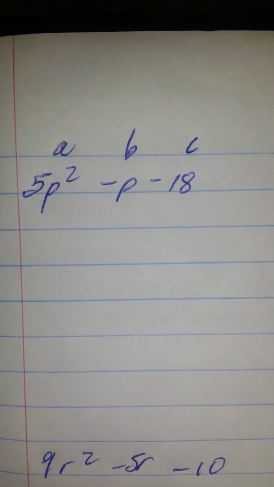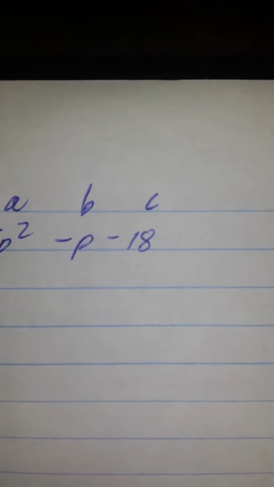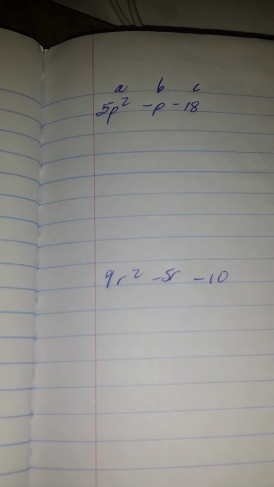Next thing we do, we calculate the A multiplied by C. We calculate the product of A and C. Product means multiplication, the end result of multiplication. That's what product means. The product of 2 and 6 is 12. The product of 2 and 8 is 16.